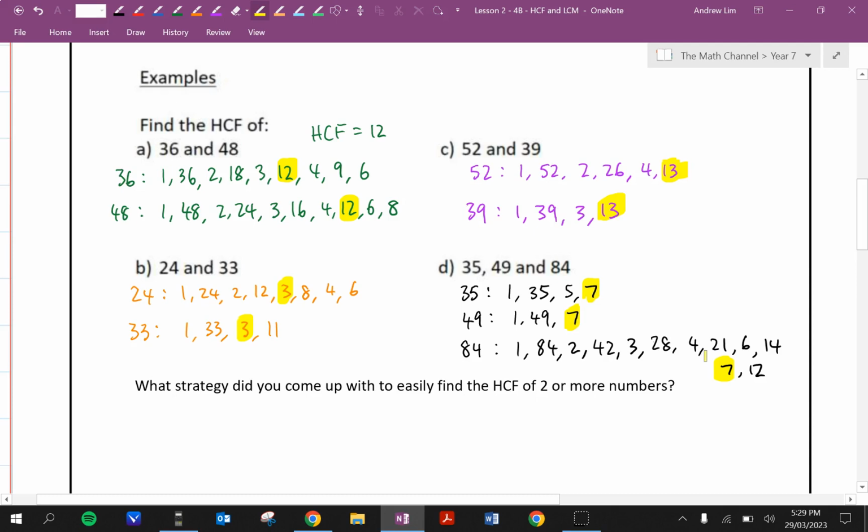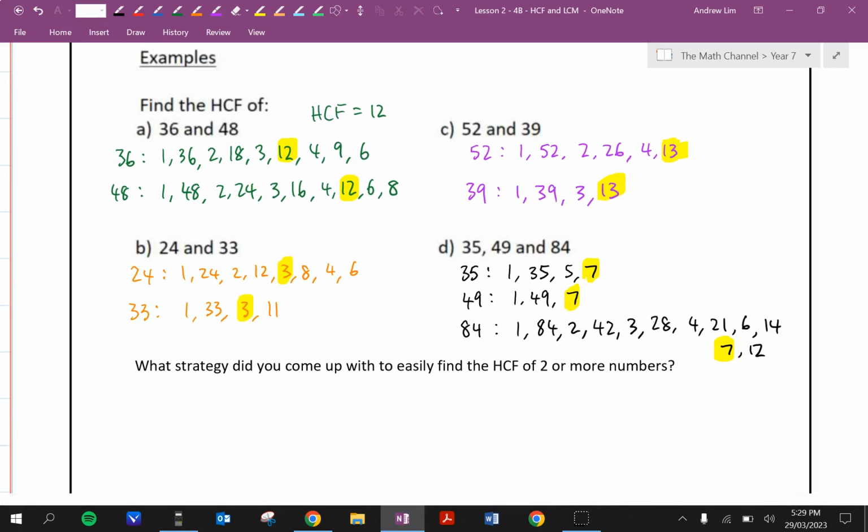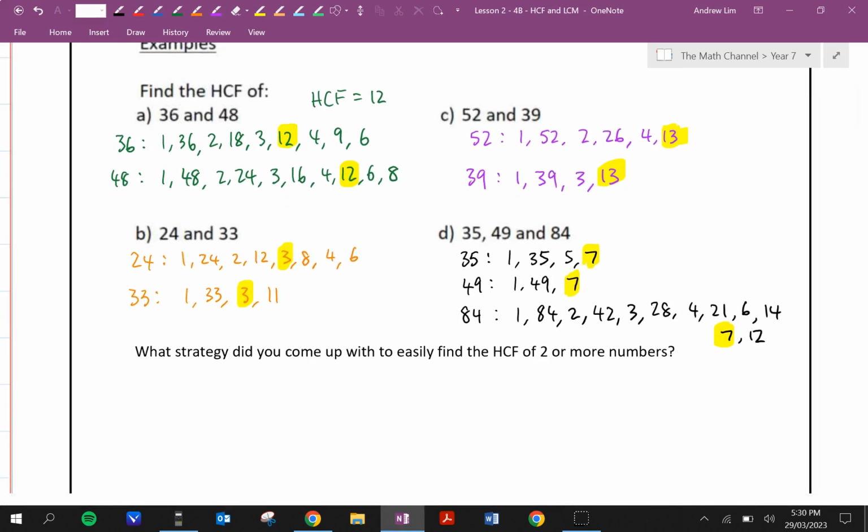So, did you come up with a strategy? I hope you were able to find a faster, more efficient method, and let me teach you what that method is. For me, my strategy is to always look for one of these numbers that we think will have the least number of factors and only write those ones down.